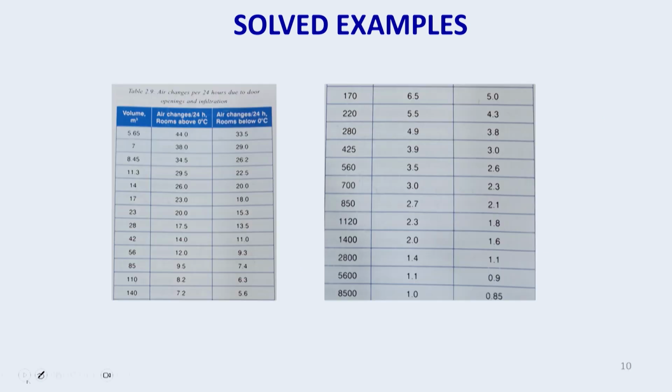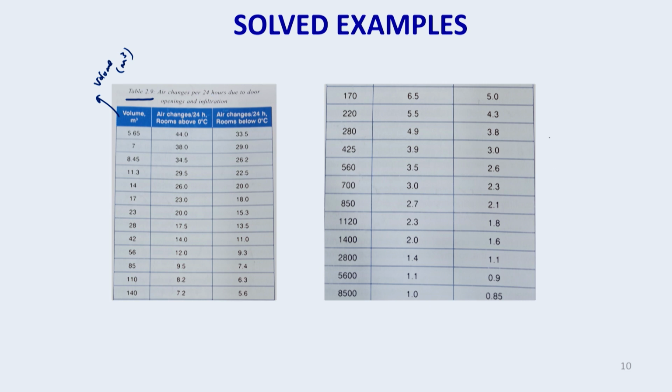Before I conclude this lecture, I just want to show one table which I have taken from the ISHRAE cold storage design handbook. This is table number 2.9. This is volume in meter cube, and this is the air changes per hour.